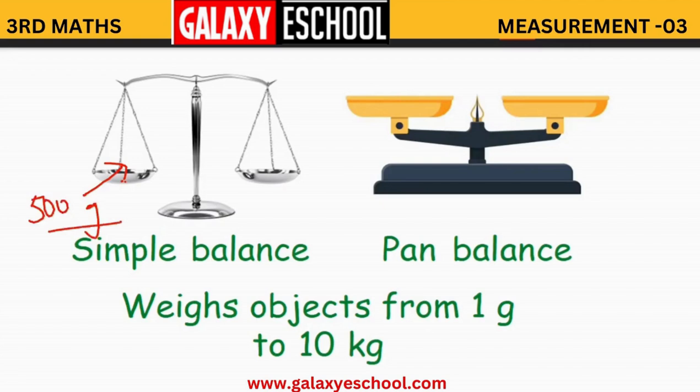We will have stones. Children, if you ever went to a vegetable market, you can observe that they will have some stones like this with the markings of 500 grams, 1 kg, 2 kg, 250 grams. So depending on that, now I want 500 grams. So I'll place 500 grams in this plate, and in the other plate, what do I want?